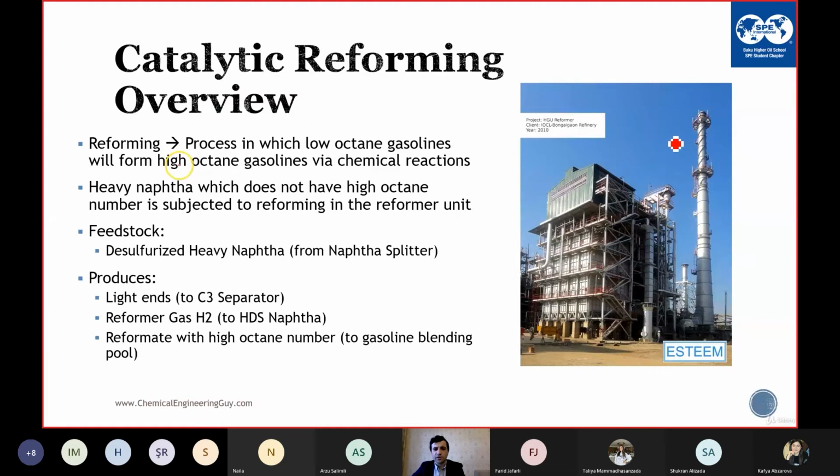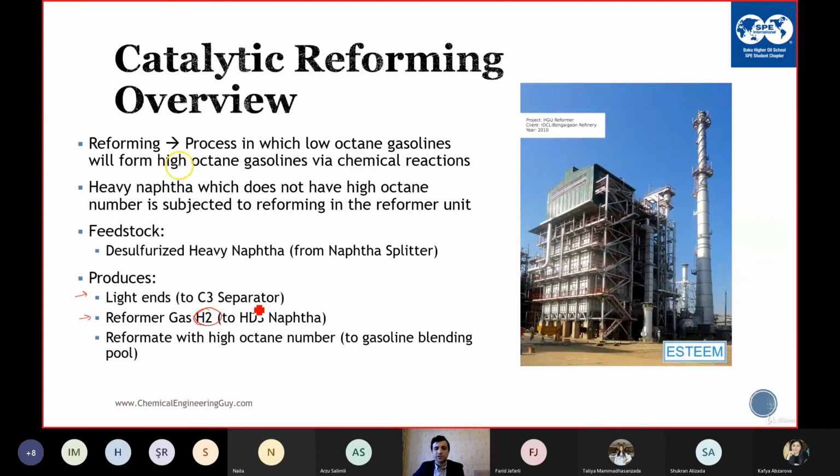In reforming, the low octane gasolines will form high octane gasolines via chemical reactions. Heavy naphtha is our feedstock, and it produces the light ends, reformer gas, H2. So this reformer is the main unit producing the hydrogen in the refinery.